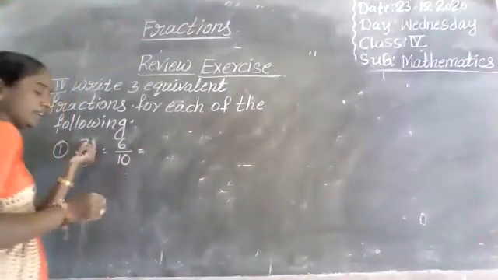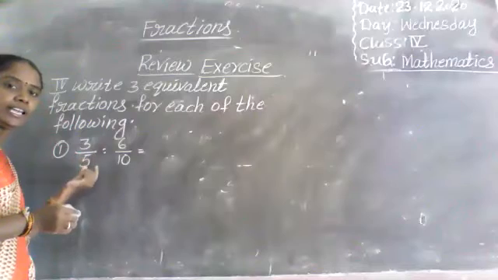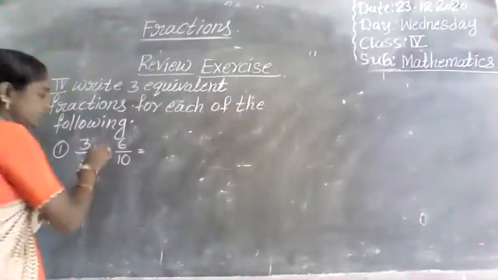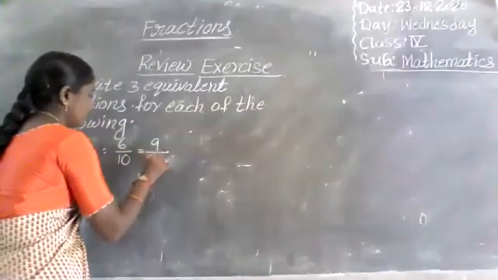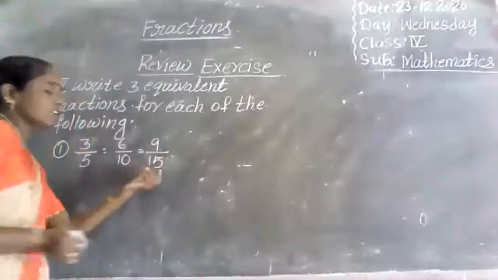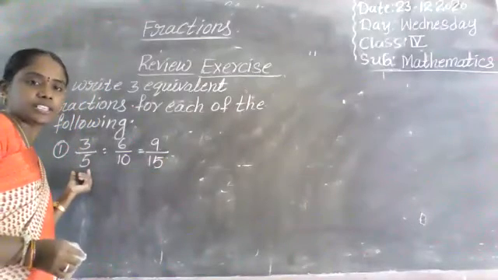Next, multiply by 3. Here and here, numerator and denominator, you multiply by 3. 3 threes are 9 and 5 threes are 15. This is also an equivalent fraction of this fraction.